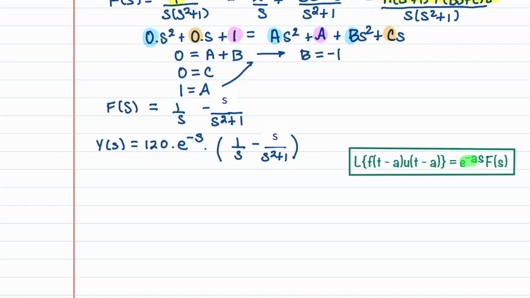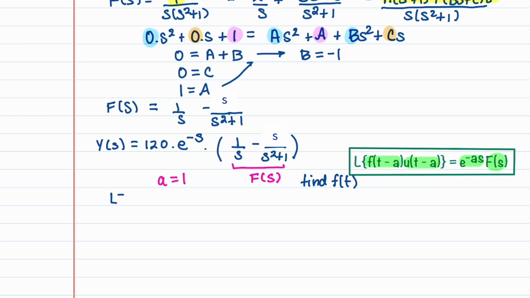If we have e to the minus as times capital F of s, the inverse Laplace transform of this is little f of t minus a times u of t minus a. Let's write down that a is equal to 1, and this is our capital F of s. So the first thing we need to do is find little f of t, and then we can shift it.